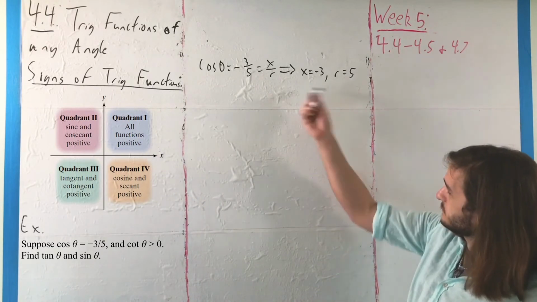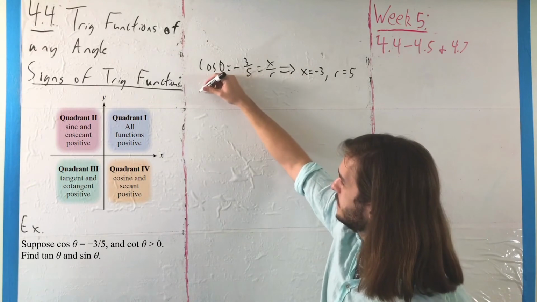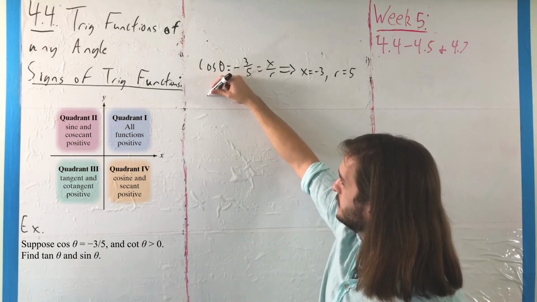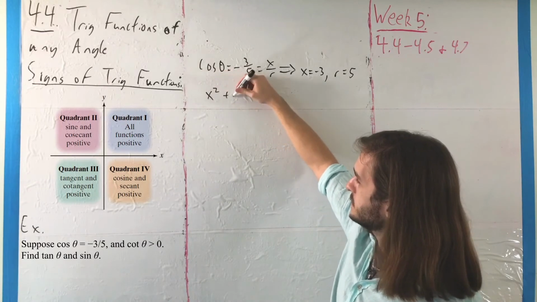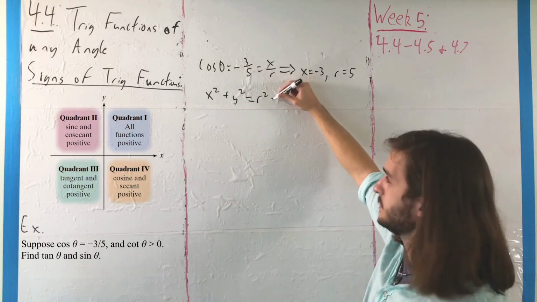But anyway, from here we have x is negative 3, r is 5, so if we wanted to get y, we use the relationship x squared plus y squared equals r squared, that is the Pythagorean theorem.